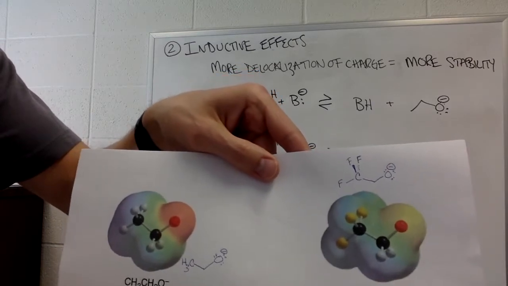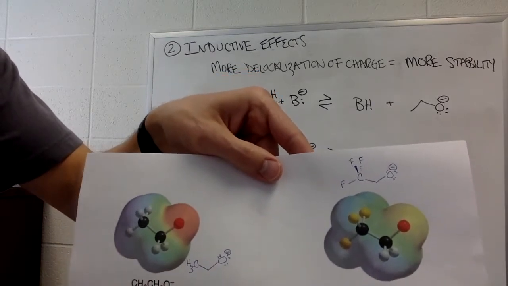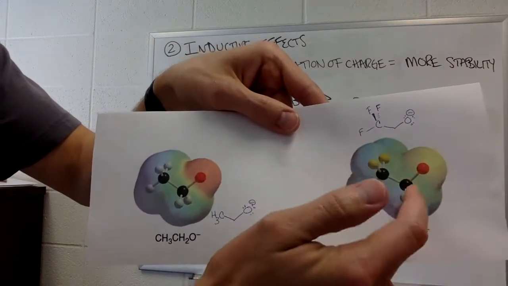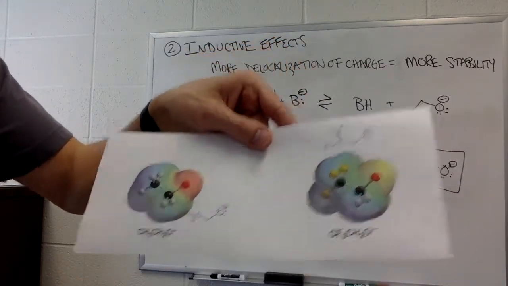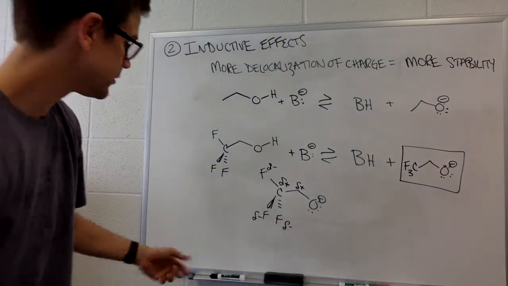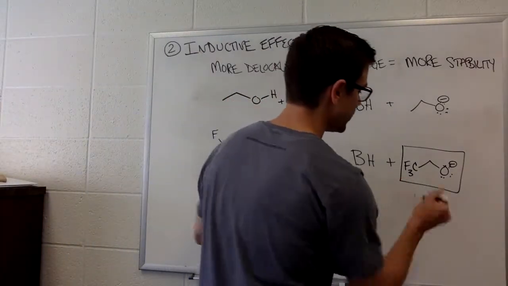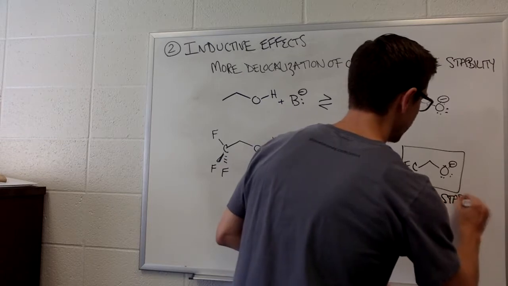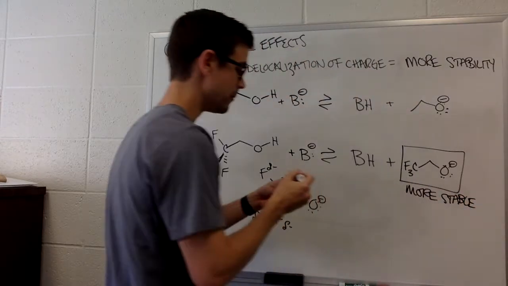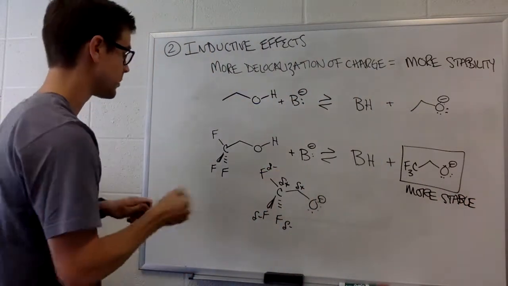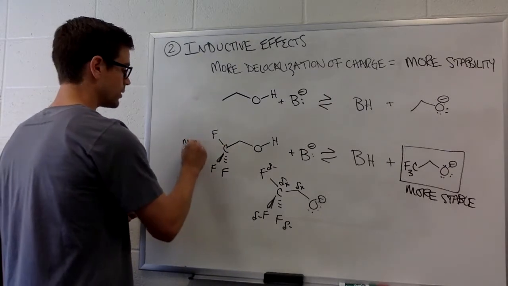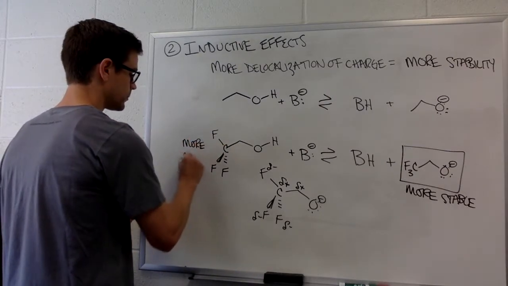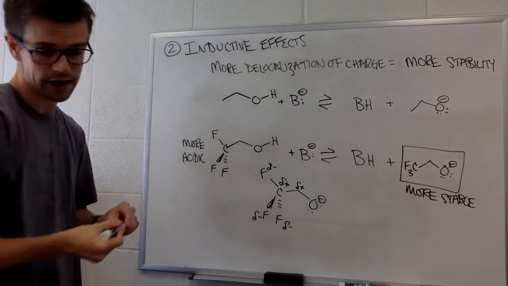It's less intense because that oxygen is able to delocalize its charge onto the carbon atoms next door. So this conjugate base is more stable because of induction. If that conjugate base is more stable, then this acid is more acidic. So that is the inductive effect.